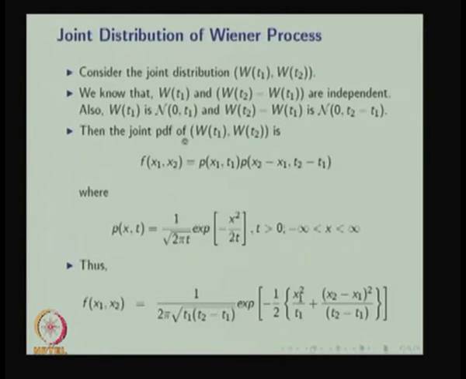Finally you will get the joint probability density function of W of T1 with W of T2, where the density is of normally distributed random variables. Hence the joint distribution will be 1 divided by 2 pi times square root of T1 times T2 minus T1, exponential of this expression.